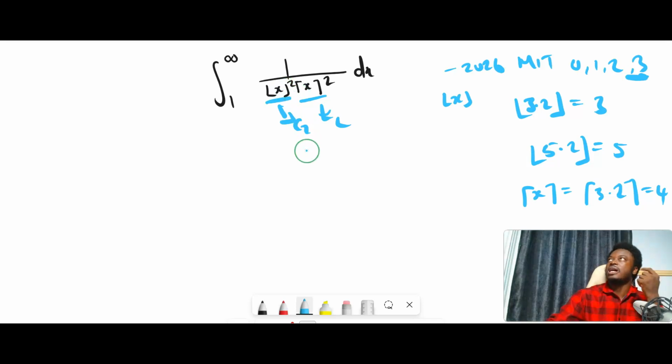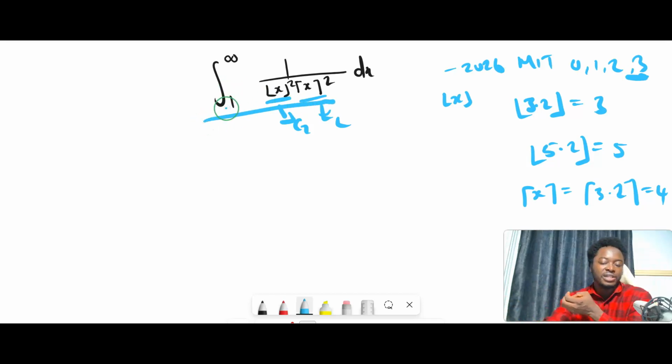Since they are integer functions, they only output integer values, so we need to split this interval of integration. Going from 1 to infinity, you pass 1, get to 2, get to 3, and continue up until infinity.